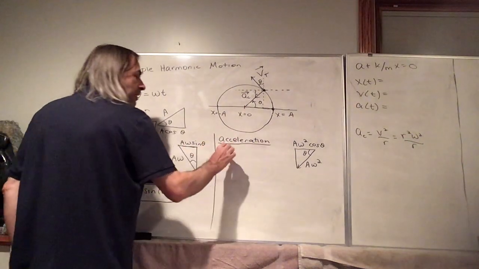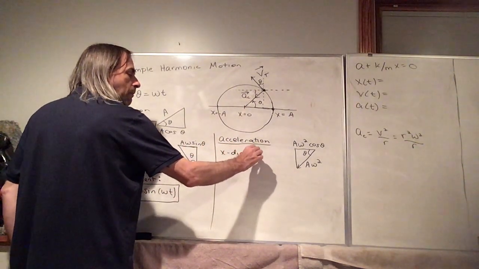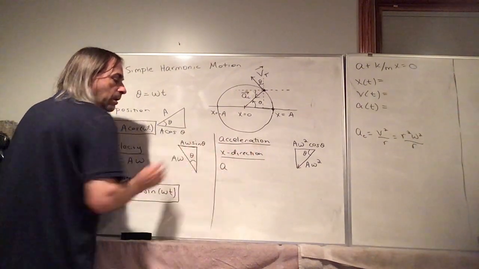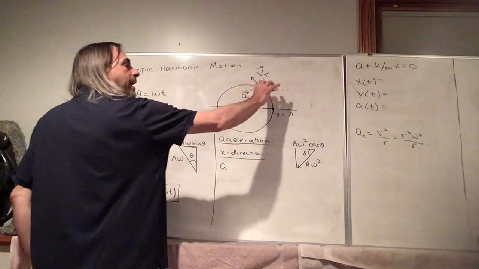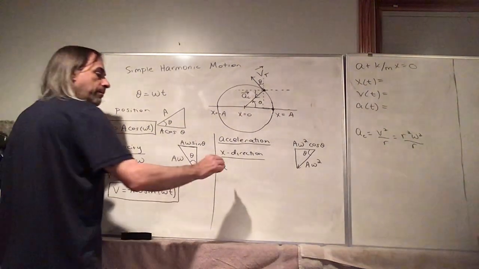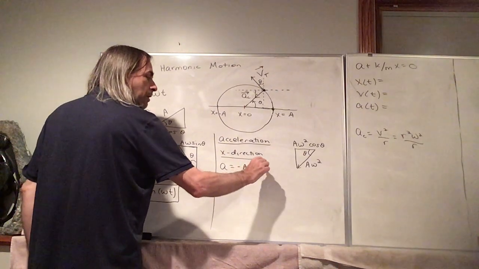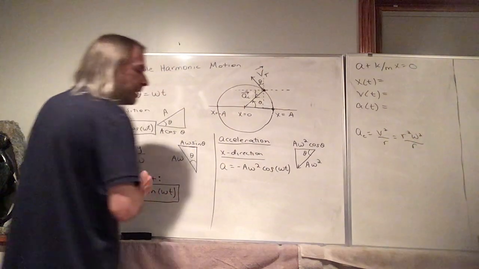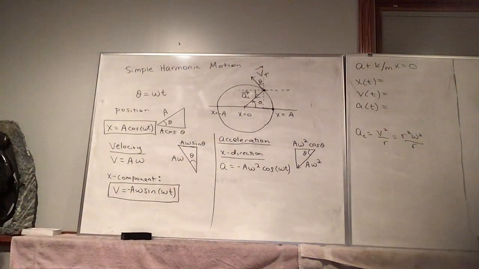So again, if we just look at the x direction, we have the acceleration in the x direction. And again, the acceleration vector is pointing in the negative x direction. So we have minus a omega squared cosine omega t.